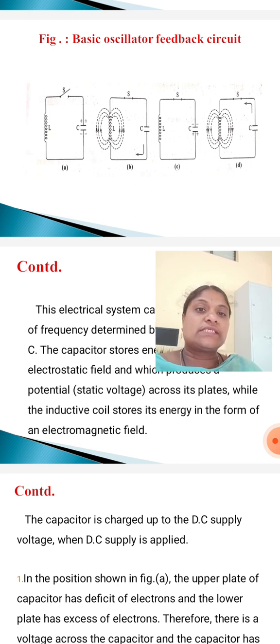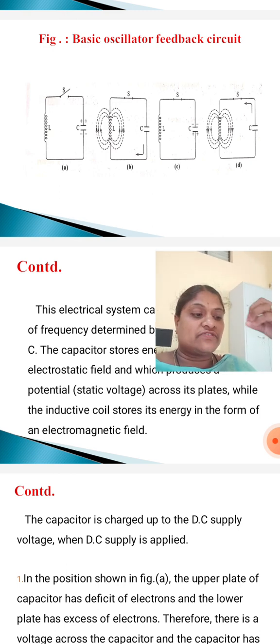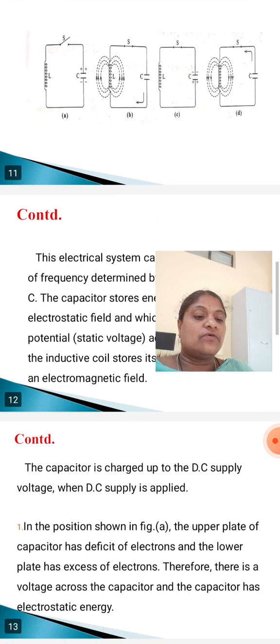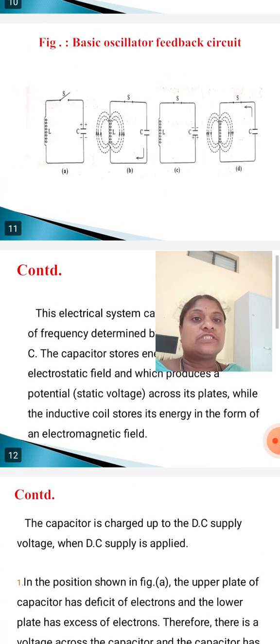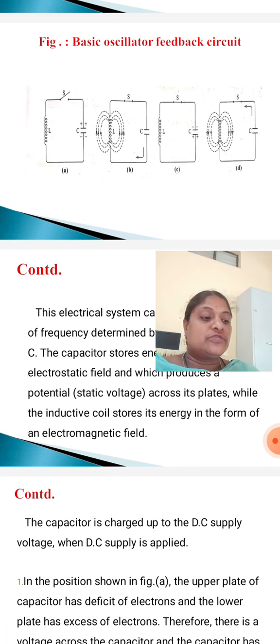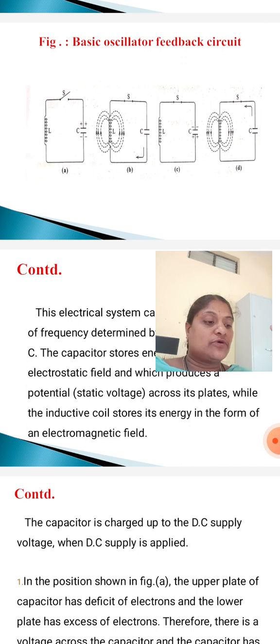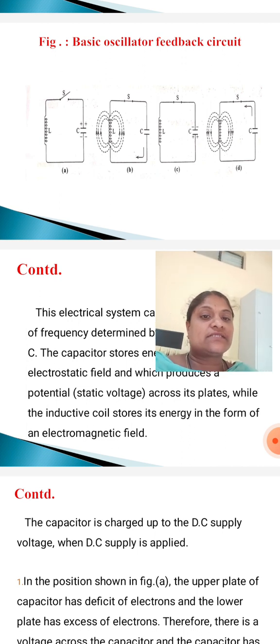Opposite polarity means the capacitor plates are changed: positive is negative, negative is positive. The upper plate of the capacitor is negative and the lower plate of the capacitor is positive, as shown in figure C.